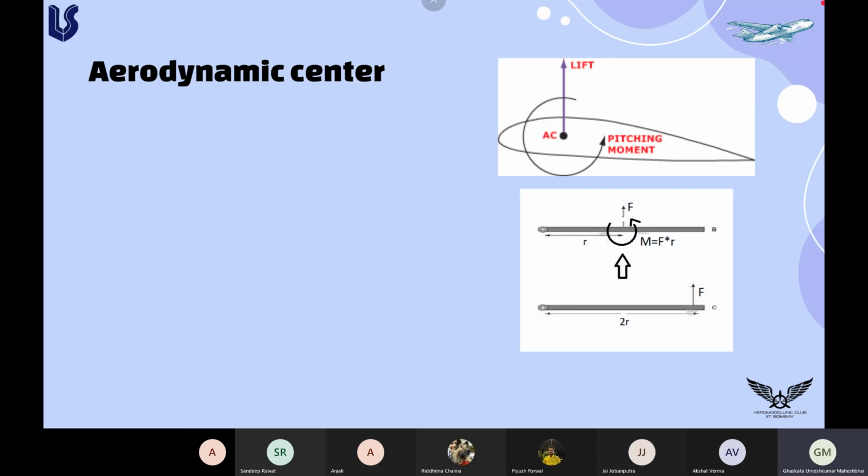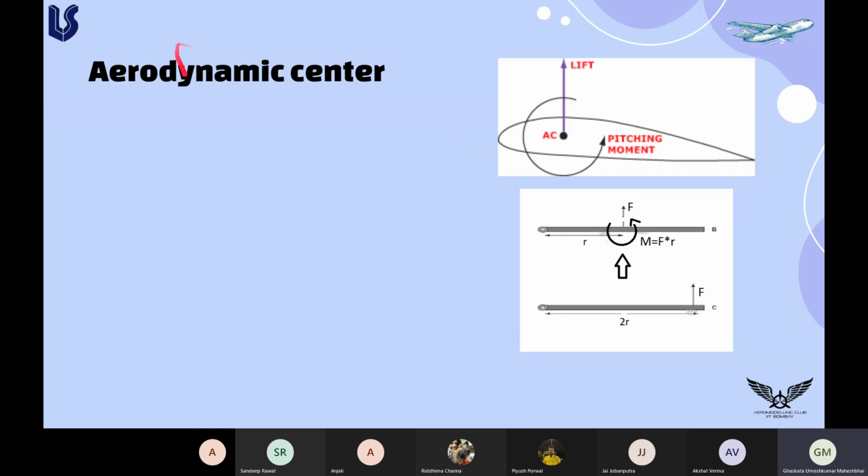Suppose this is a rod and this is a hinge point of the rod, and the force acts at a distance 2r from this hinge. Now we want to take this force and apply it at the middle, so what happens? We have to apply an associated moment with magnitude F times R at the middle point, right?